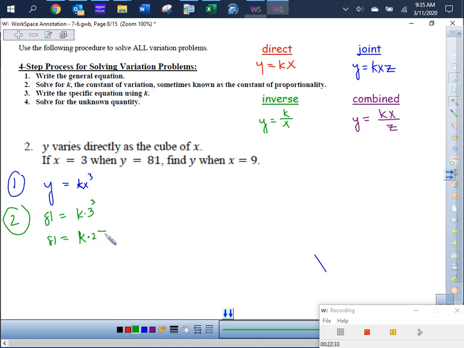And if you divide, what did k turn out to be? Was it 3? Do step 3 now. Start over. We found k. Hooray! And answer the question.